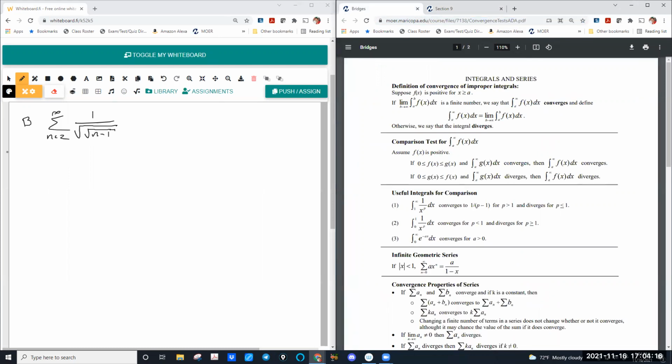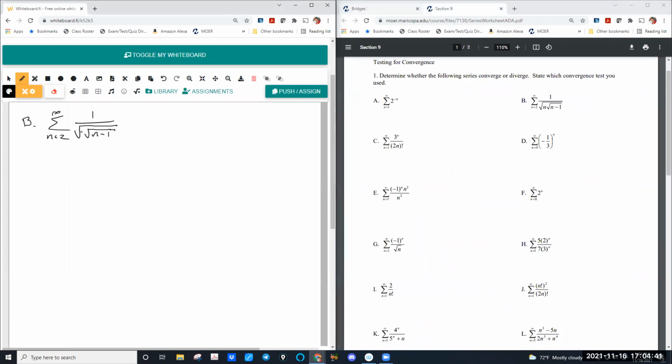What we do when we encounter one of these, you might already have an idea of convergence or divergence, but we need to figure out what this looks like so we can decide what test we want to use from this sheet.